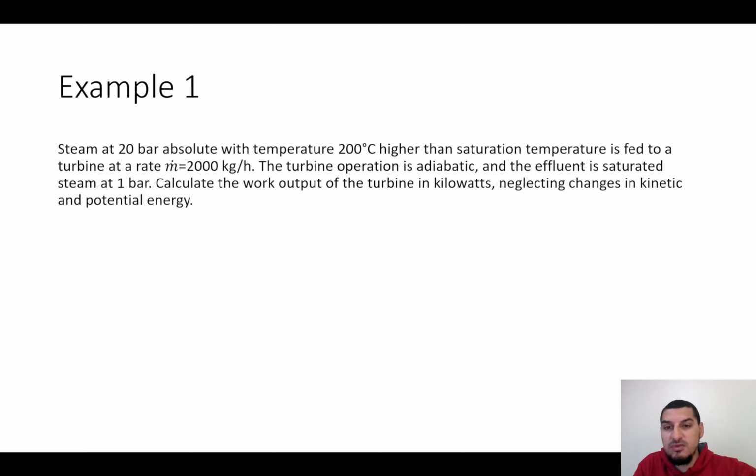We have steam at 20 bars absolute. Its temperature is 200 degrees higher than the saturation temperature. So this means that it's superheated, because its temperature is higher than the saturation temperature. It's fed to a turbine at a rate of 2000 kilograms per hour.